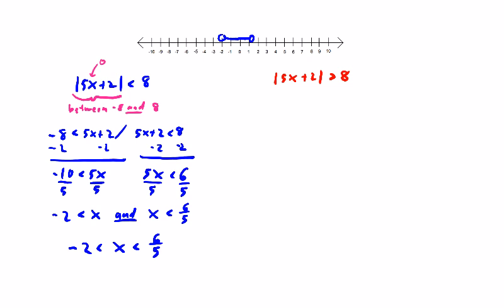Let's look at the other problem in red. So now we want to consider what is greater than 8. If the quantity inside of the absolute value needs to be greater than 8, we need it to be less than negative 8, such as negative 9. The absolute value of negative 9 will be greater than 8.